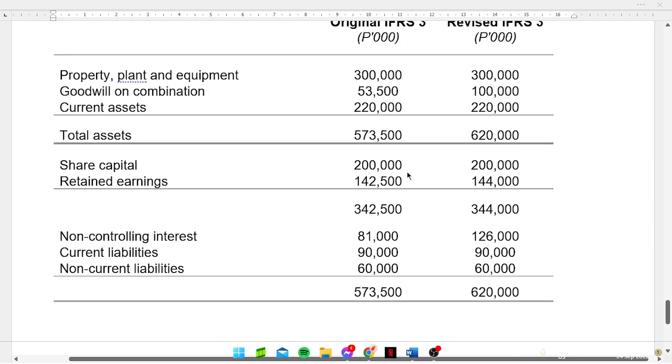The share capital of 200,000 for both old and revised IFRS, retained earnings of 142,500 and 144,000, with the total of 342,500 and 344,000. Non-controlling interest, 81,000 yung from the computation of 45% multiplied by 180,000, and yung 126,000 naman from the calculation above this consolidated statement.